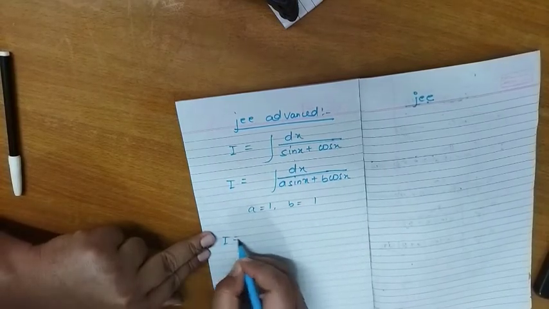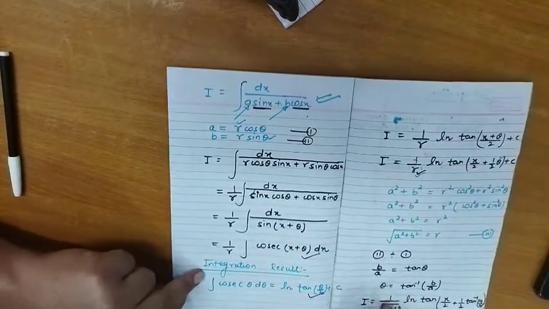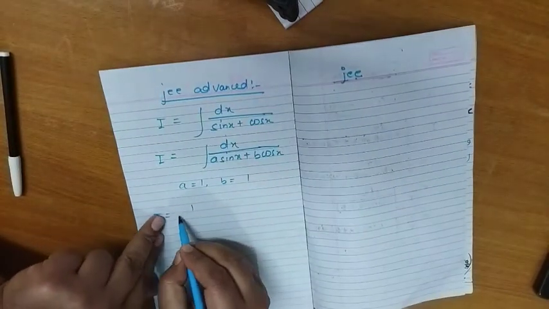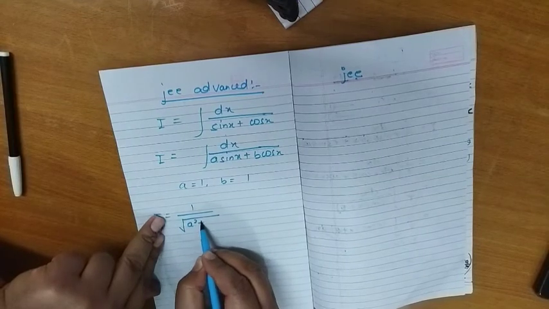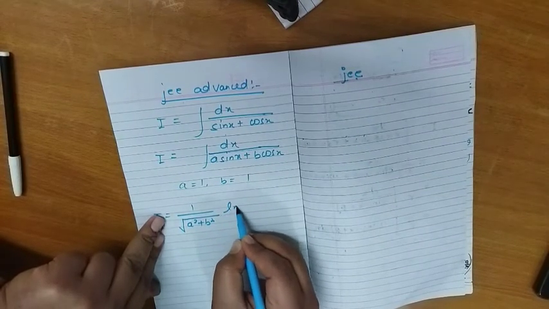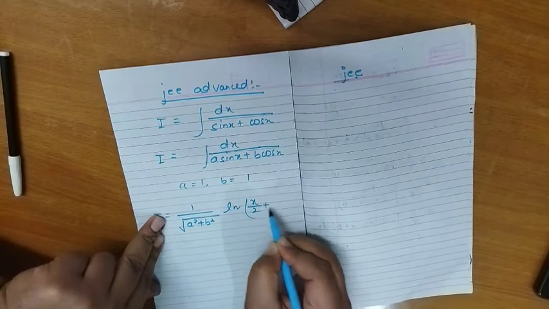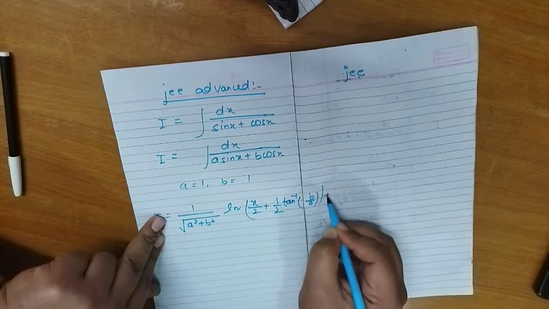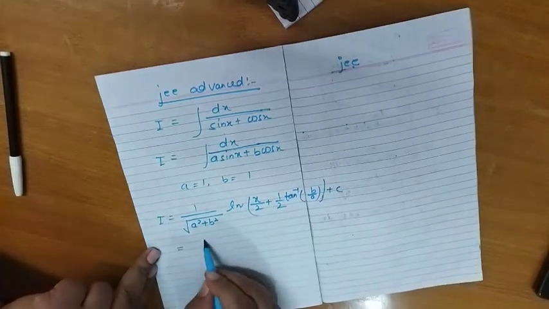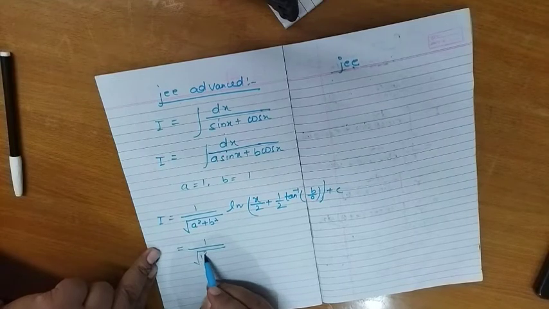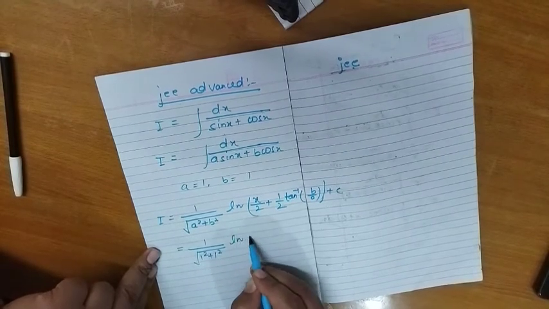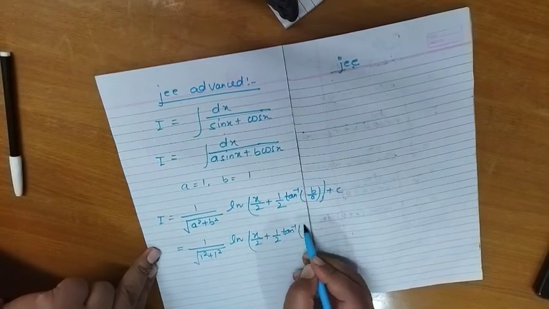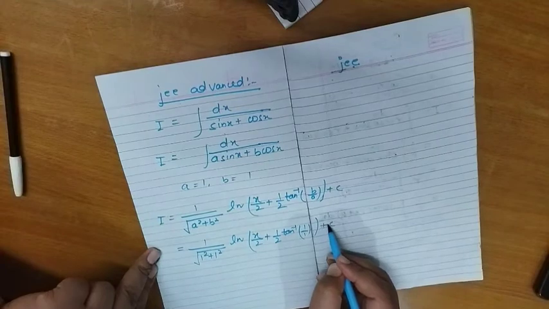So what is the value of I by this formula? 1 upon under root a square plus b square, ln tan of x by 2 plus 1 by 2 tan inverse b by a, plus c. Now substitute the values here: 1 upon under root 1 square plus 1 square, ln tan of x by 2 plus 1 by 2 tan inverse 1 upon 1, plus c.